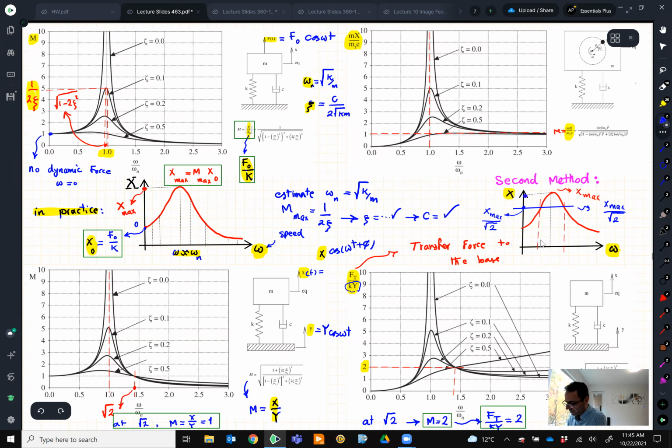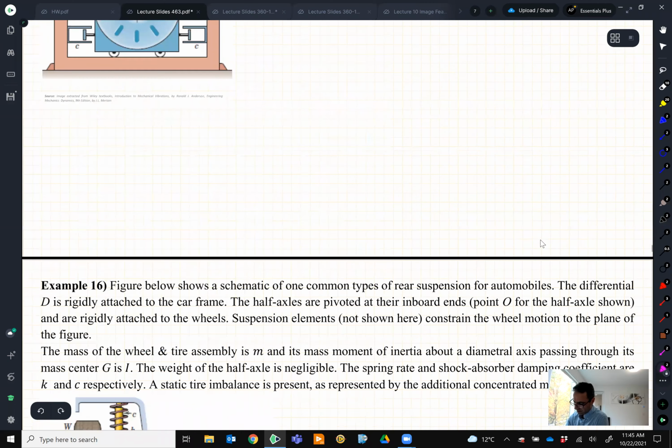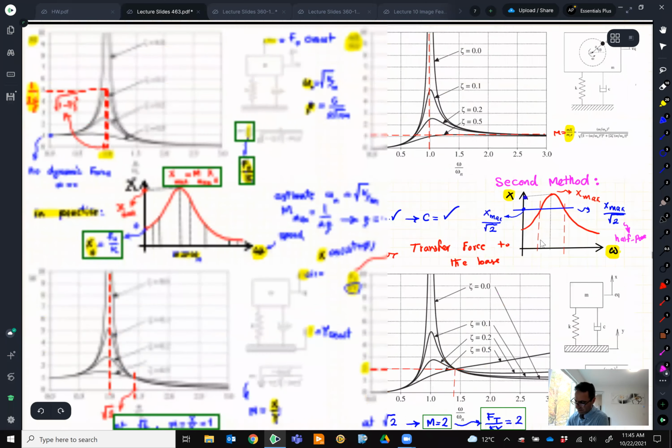And this actually has a name. It is called half power. Sorry, let's go back.